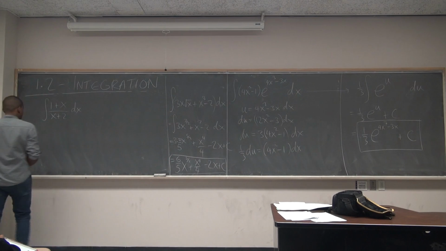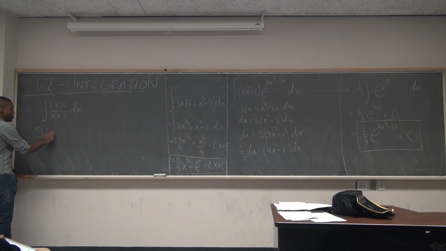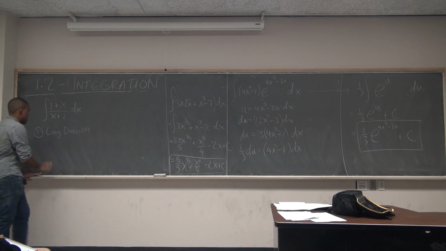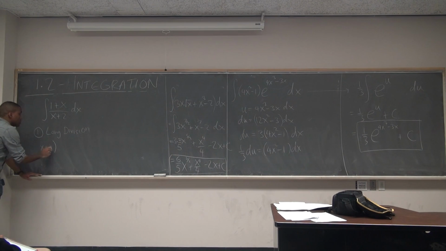So if you want to simplify this, one way is to actually do long division, which you may or may not remember, but it would basically look something like x plus 2 divided into x plus 1. X into x goes 1. 1 times x, 1 times 2 is 2.